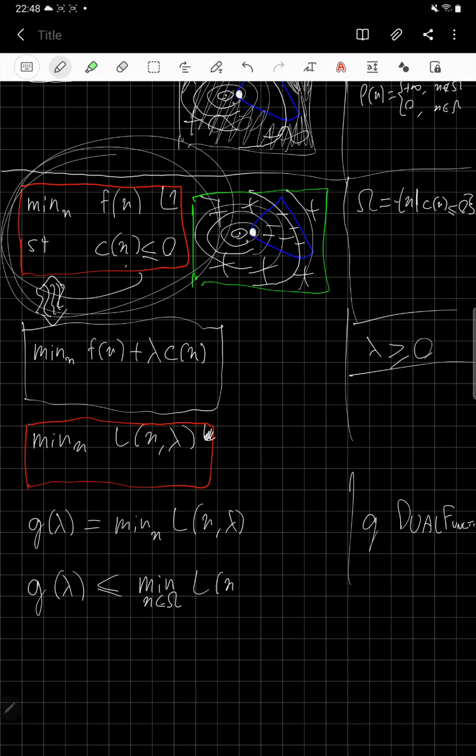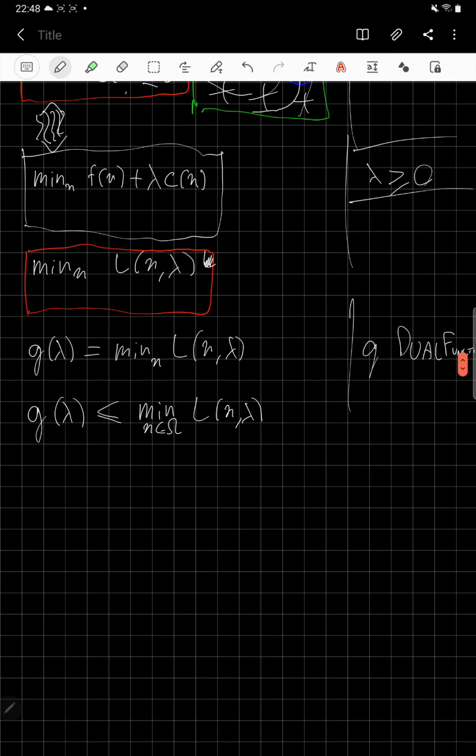This is what we're actually interested in, solving this problem. So I'm just claiming that the minimum found is going to be smaller than the actual minimum. Why? Well, because the actual minimum, remember, this is the problem that we're trying to solve.